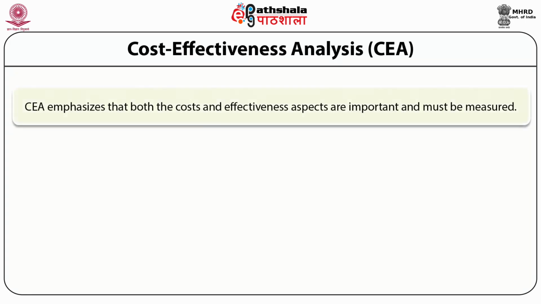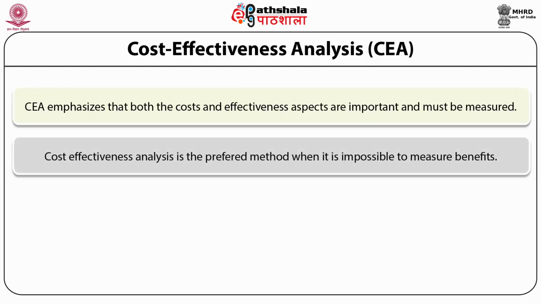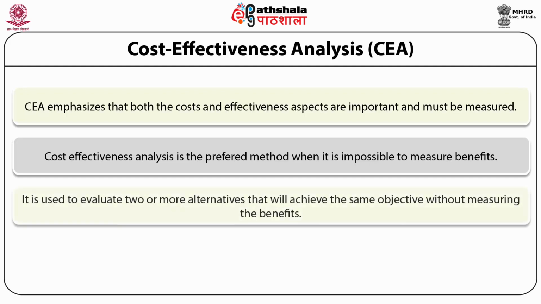Cost effectiveness analysis emphasizes that both the costs and the effectiveness aspects are important and must be measured. Cost effectiveness analysis is the preferred method when it is impossible to measure benefits. It is used to evaluate two or more alternatives that will achieve the same objective without measuring the benefits.